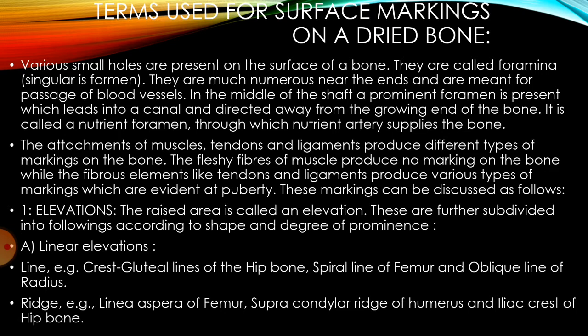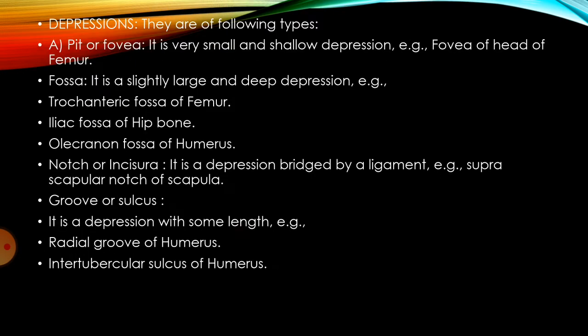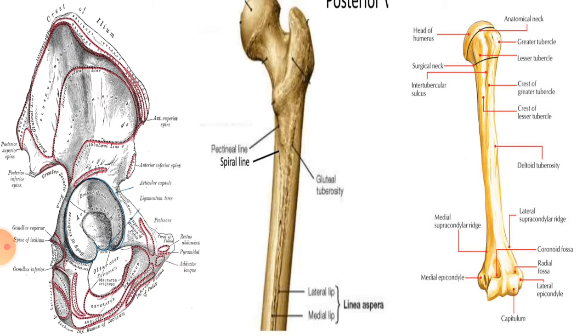Now we will talk about the various terminologies used for the surface markings on a dried bone, and we will go through the images first and then we will discuss them in detail. So starting from the right, you can see the linear elevations here, and for example the gluteal lines of the hip bone.